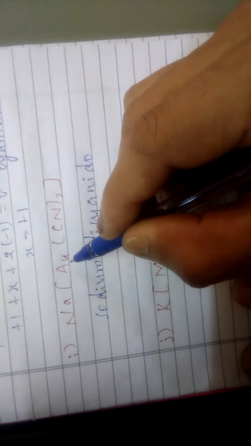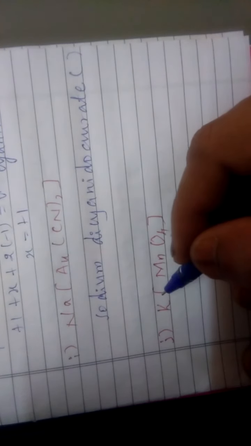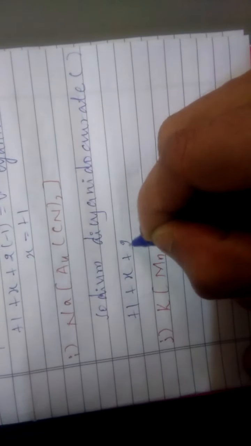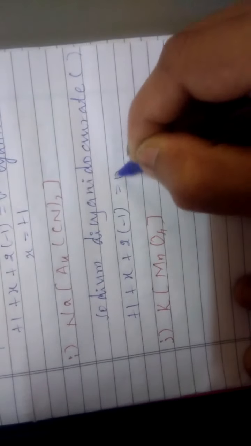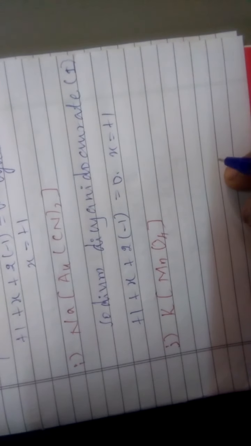The name of the central metal ion should end with ATE, and here we have to use the Latin word. It is aurate, and leave this space for the oxidation state. Okay, so sodium is in the +1 oxidation state, plus X plus 2 into -1 equals to 0. Again, X equals to +1. So the oxidation state of Au is +1.